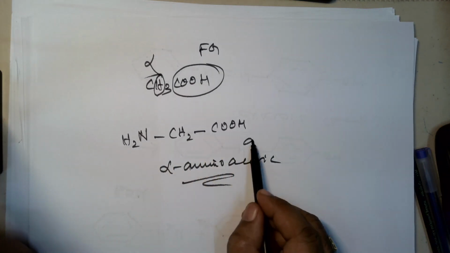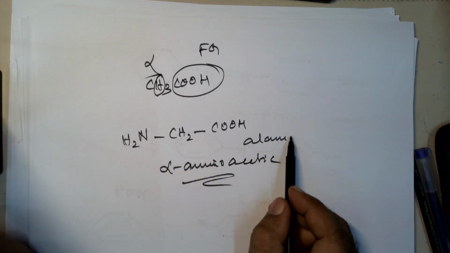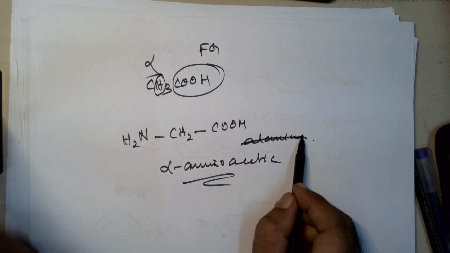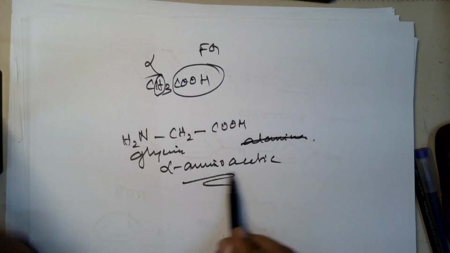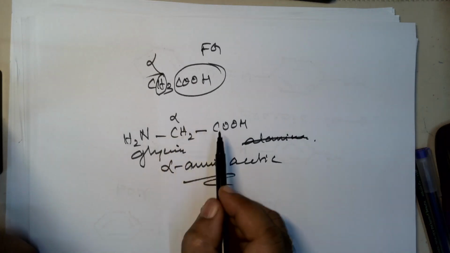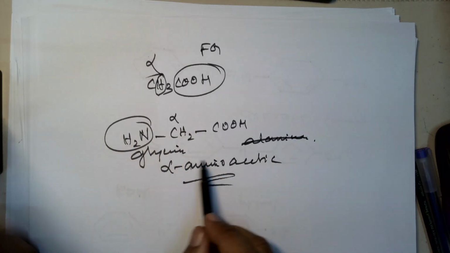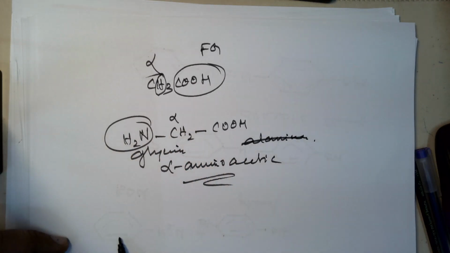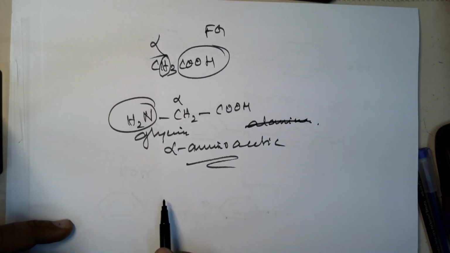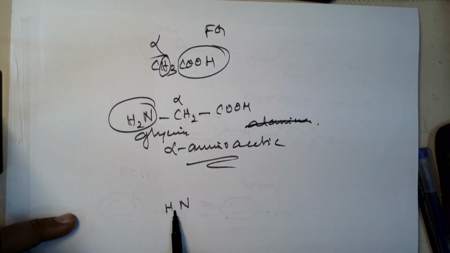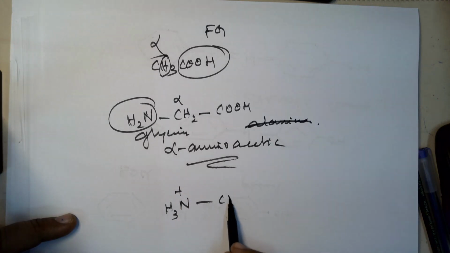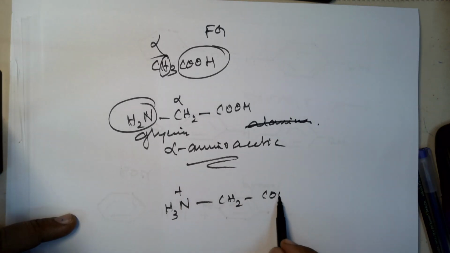This is also called glycine, not alanine. This is glycine, alpha amino acetic acid, that is, this is alpha and amino. This also undergoes zwitterion formation, for example NH3 plus CH2 COO minus.